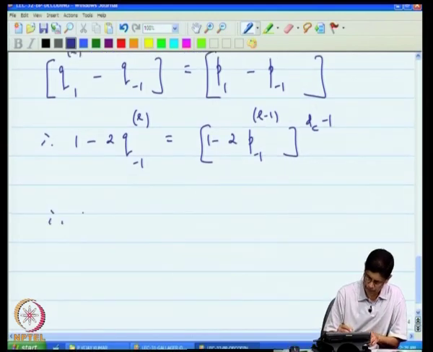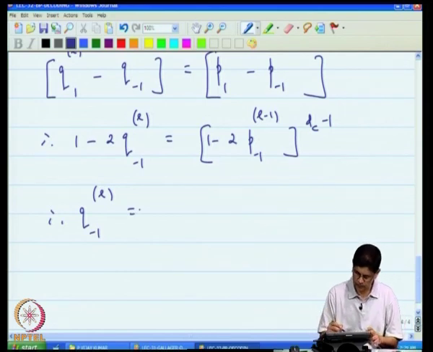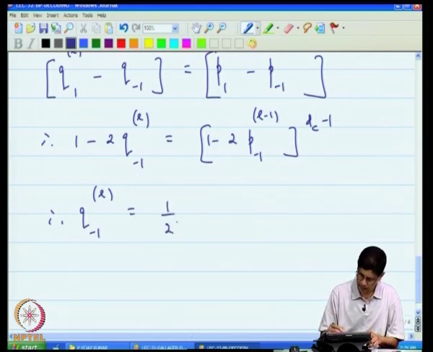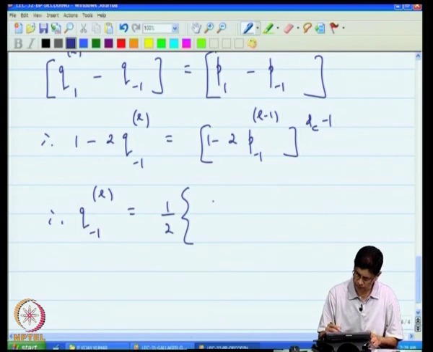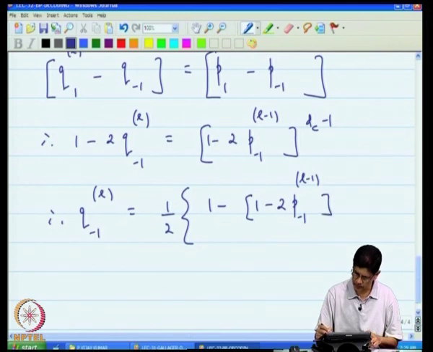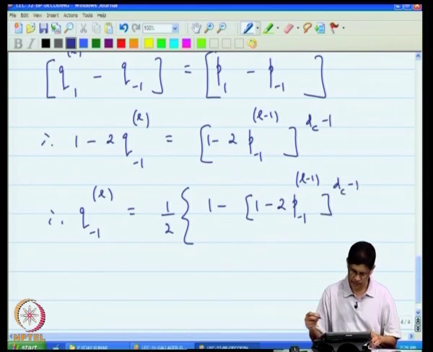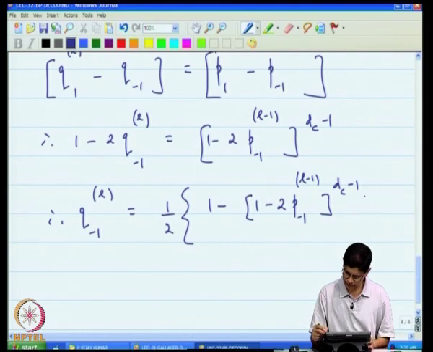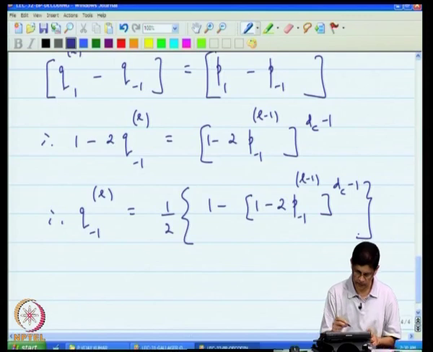Therefore, q of minus 1 at L is equal to 1 half of 1 minus (1 minus 2 p of minus 1 at L minus 1) to the dc minus 1. Okay, so this is the expression that we end up with.